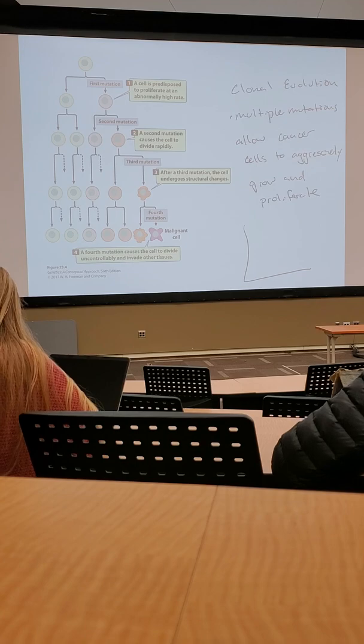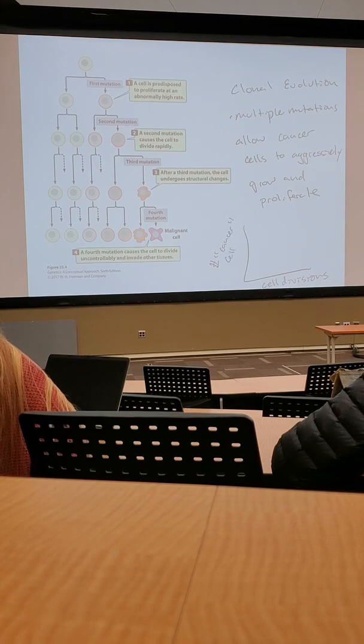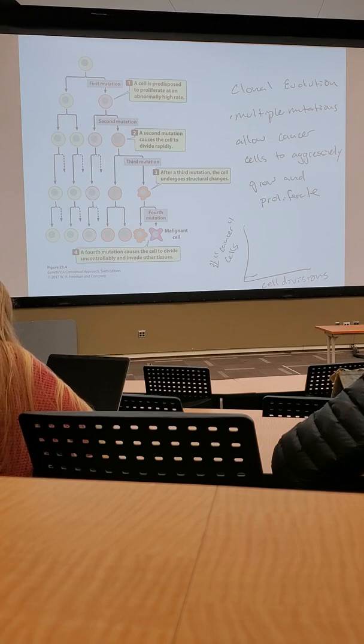So you have the first mutation, the second mutation, you increase rapid cell division, and then now you have growth control changes in the malignant cell. So if you were to plot over cell division the number of cancer cells, right? Originally it's staying flat, at a very low frequency, it's kind of zero. It's waiting for these mutations to accumulate, right? You're waiting. But once that happens, it can increase exponentially.